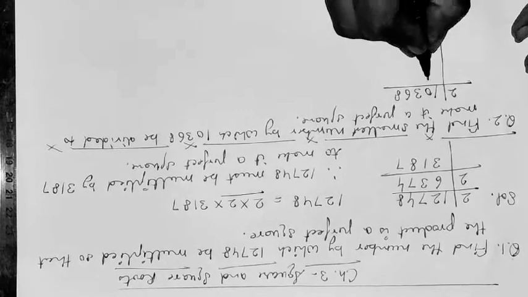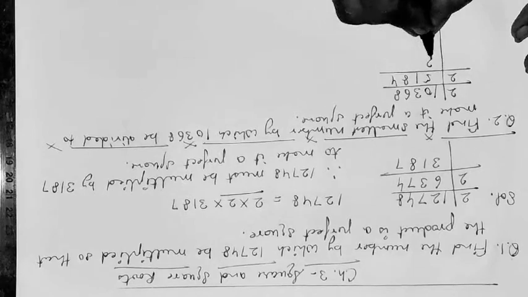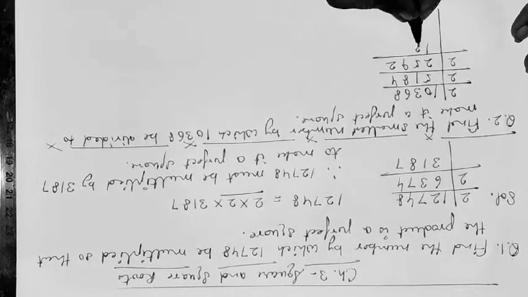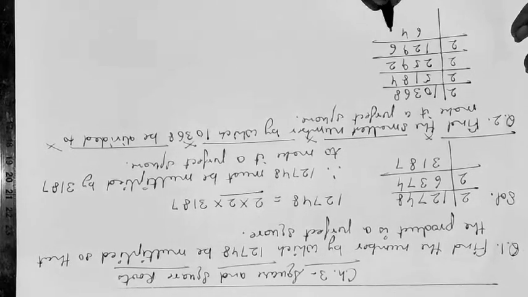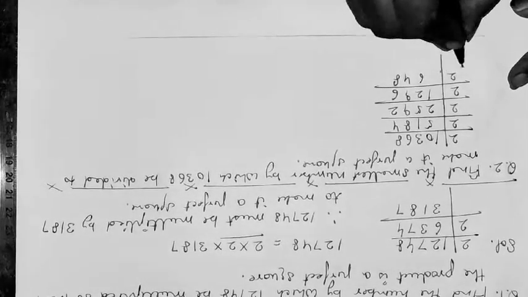First by 2, again by 2, 2 again, again by 2.